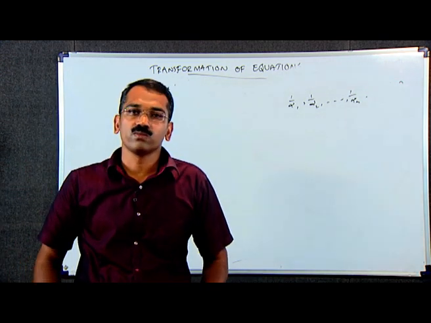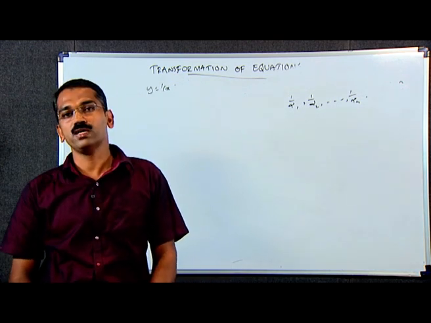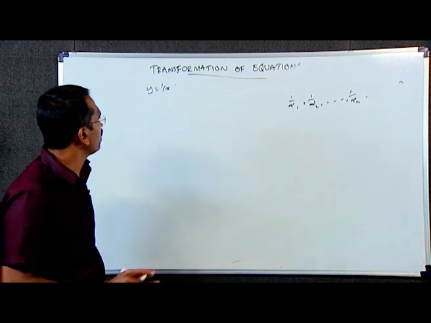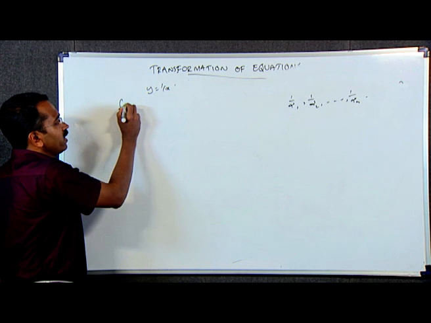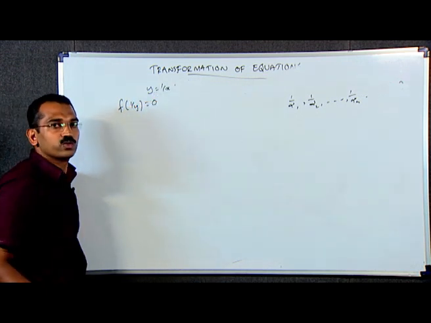Eliminating x between the equations f of x is equal to 0 and y is equal to 1 by x, the transformed equation will be of the form f of 1 by y is equal to 0. From this we can write x is equal to 1 by y.